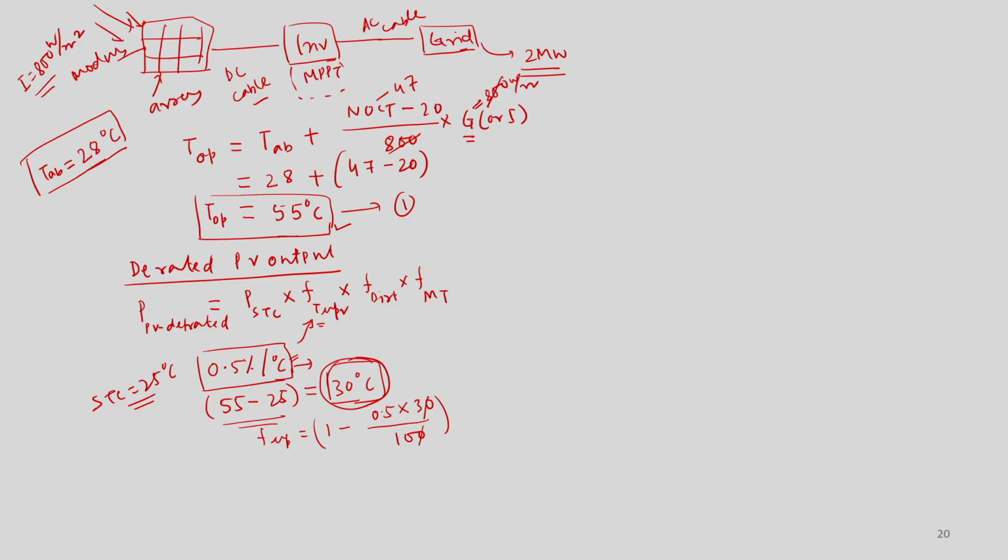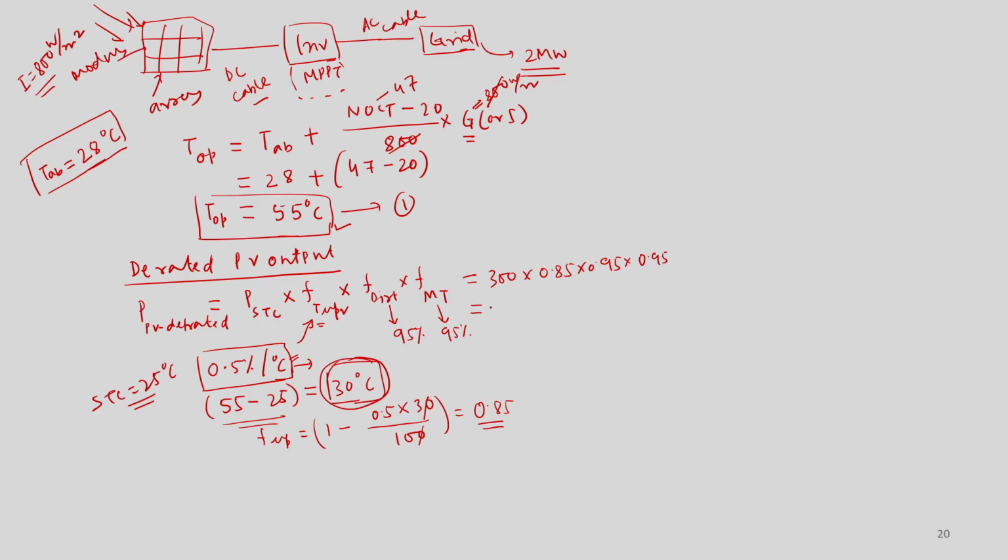So, what we will get here is 0.85. For dirt it says 5%, so it will be 95%, and the manufacturing tolerance derated factor is again 5%, so it will be 95%. If we substitute here, P STC is 300 watt peak, already discussed, and then 0.85, 0.95, and 0.95.